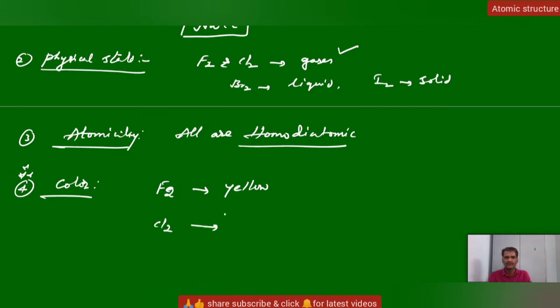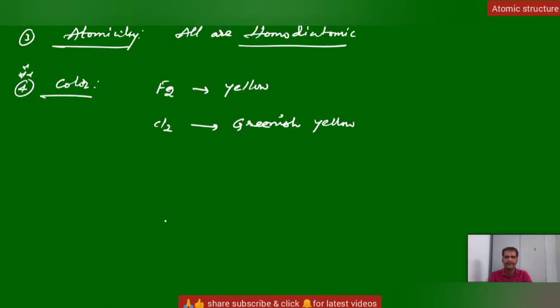Cl2, chlorine, is greenish yellow. Next, bromine is a reddish brown liquid.